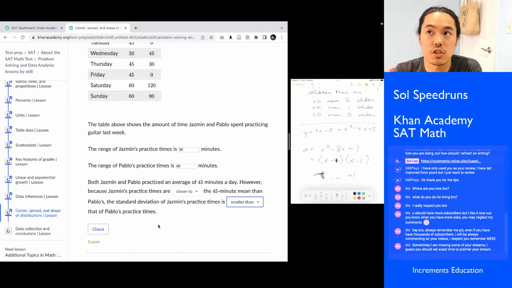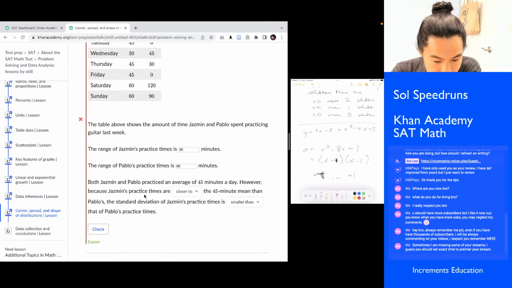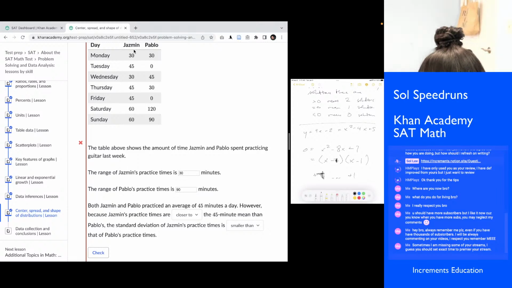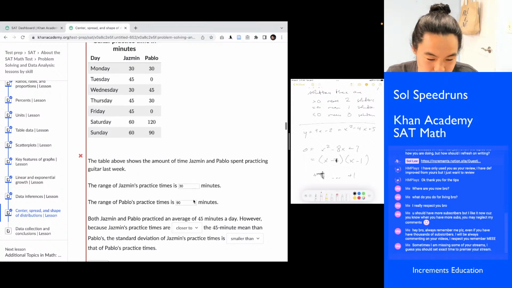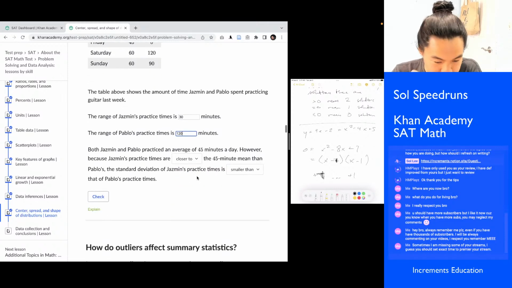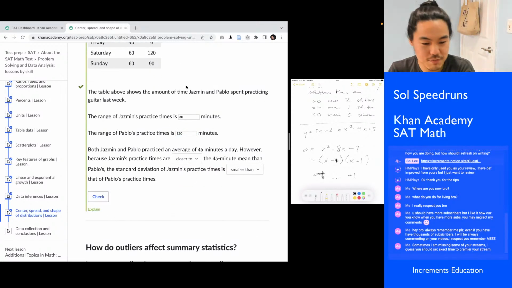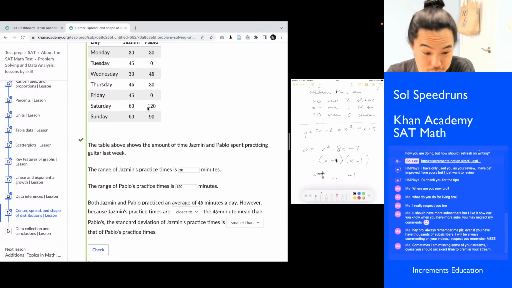The standard deviation deviates less, so it's smaller. Oh my god, I forgot to include the 0. Check. Okay, that was me being really stupid.